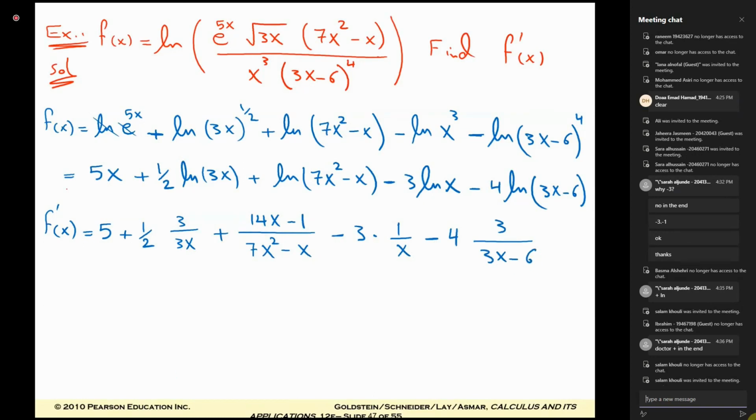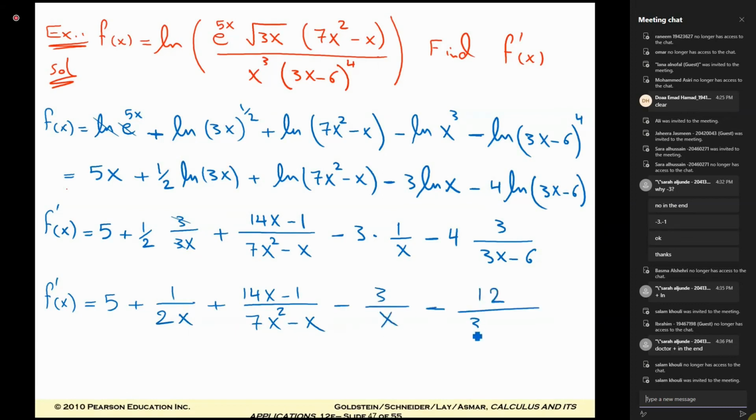Now after simplifying, f prime equals 5 plus, we can remove 3 with 3, so we have 1 over 2x plus 14x minus 1 over 7x square minus x. Also here we have 3 over x minus 12 over 3x minus 6. This is the derivative of f of x.